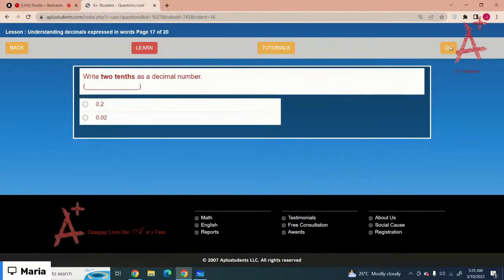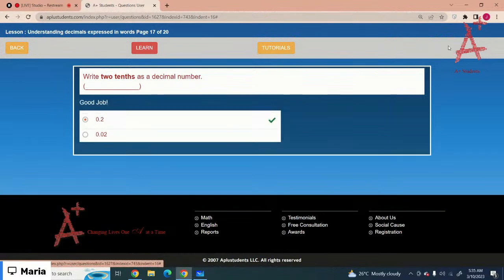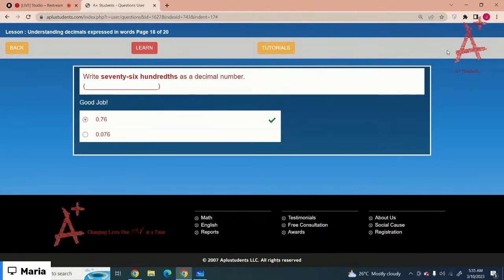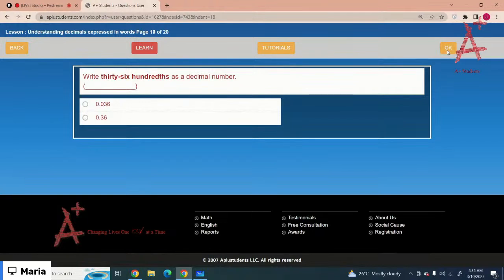Okay, the next one is write 2 tenths as a decimal number. So 2 tenths is 0.2. Got it? Write 76 hundredths as a decimal number, which is the correct option. That would be 0.76. Got it? Write 36 hundredths as a decimal number.